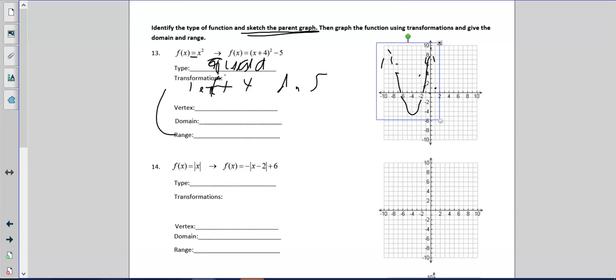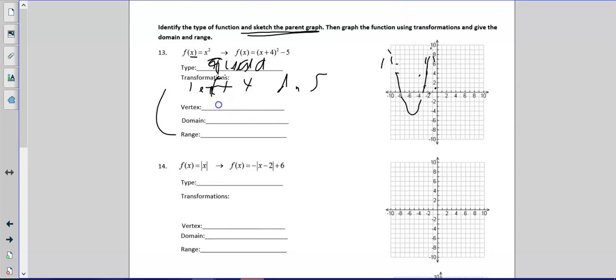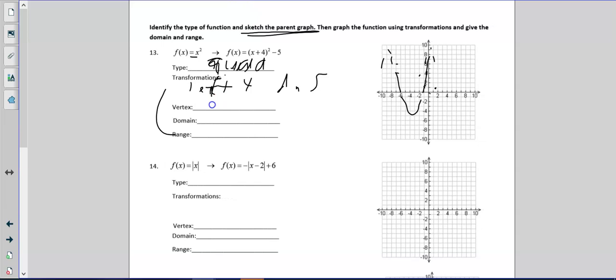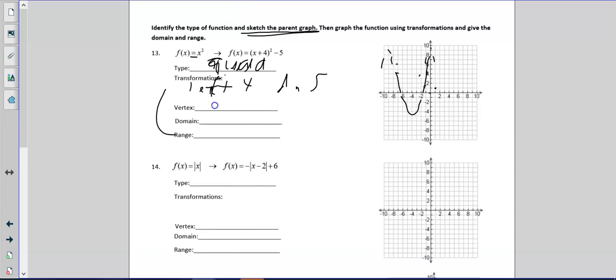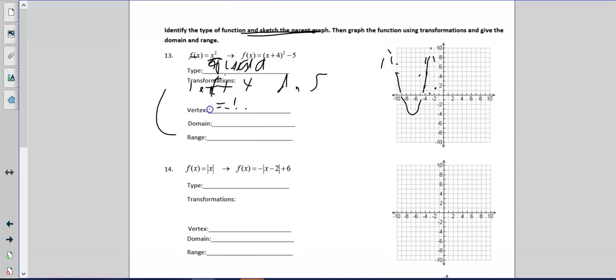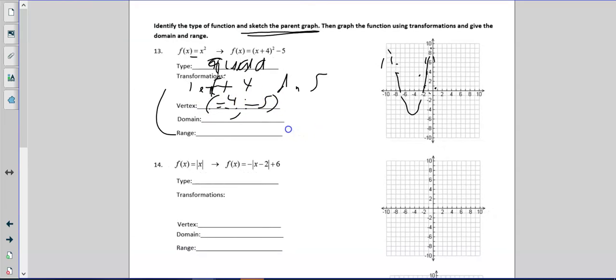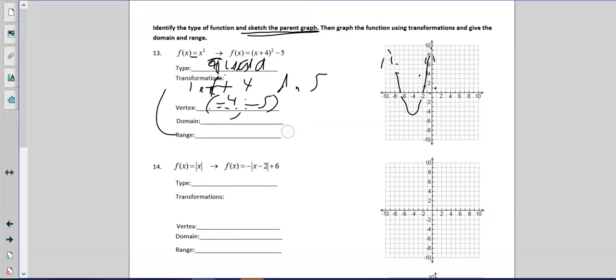Okay, so your vertex now instead of 0, 0 is negative 4, negative 5, okay. The domain, remember, domain is your x values, range is your y values. Domain is how far left and right.